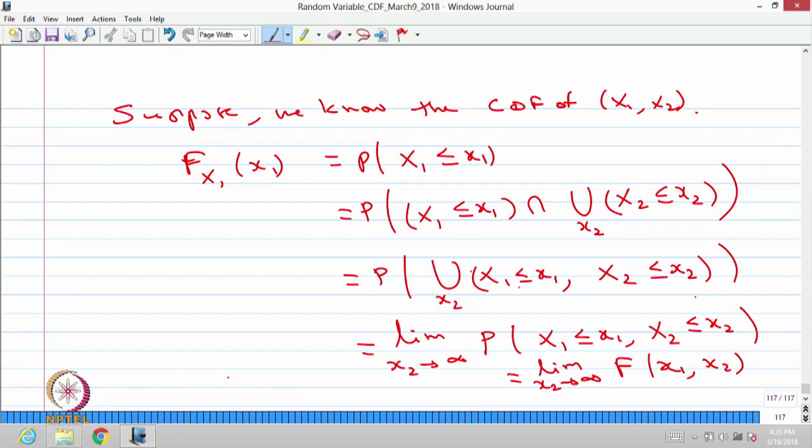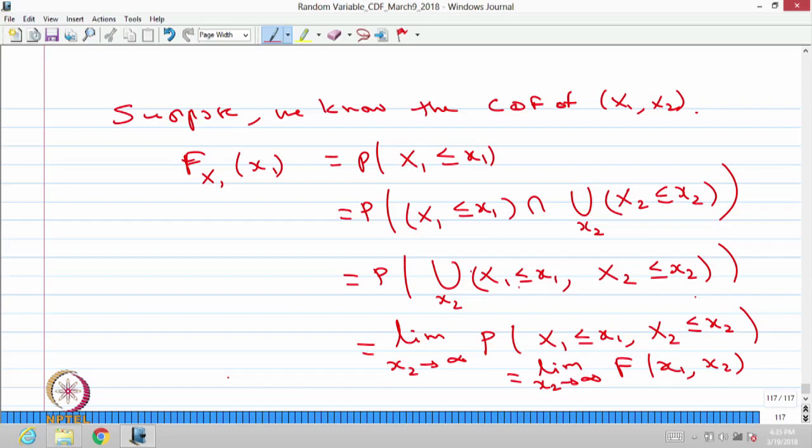That means if you know the CDF of X1, X2, by taking the limit of the other variable tends to plus infinity, that will give the CDF of the other random variable.